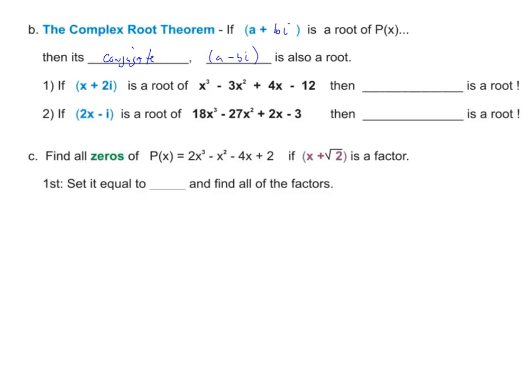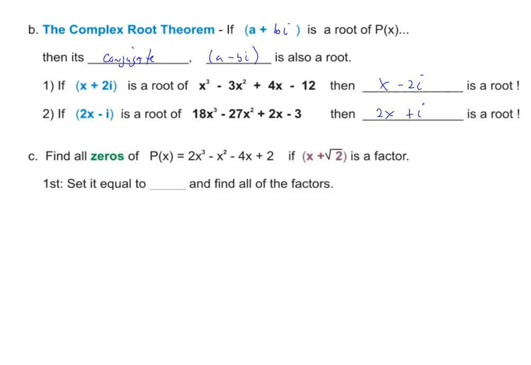So therefore, example 1: if you had x plus 2i as a root, then we also know x minus 2i is a root. And if 2x minus i is a root, then 2x plus i must be a root. They're conjugates.